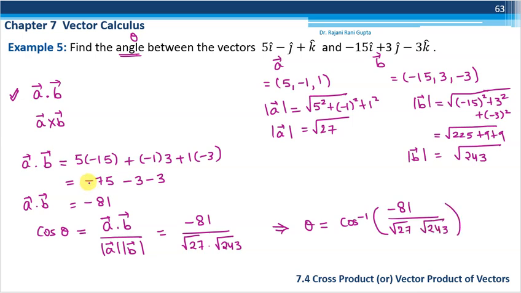Okay, and this you can get easily from your calculator. So selecting which rule to use, either the dot product or the cross product, also matters. It depends upon the question. When they didn't mention and they just ask you to find the angle, you can go for any one of the rules. It's always better to prefer the dot product when you're finding the angle because the components are given to you. Okay, I hope it's clear.